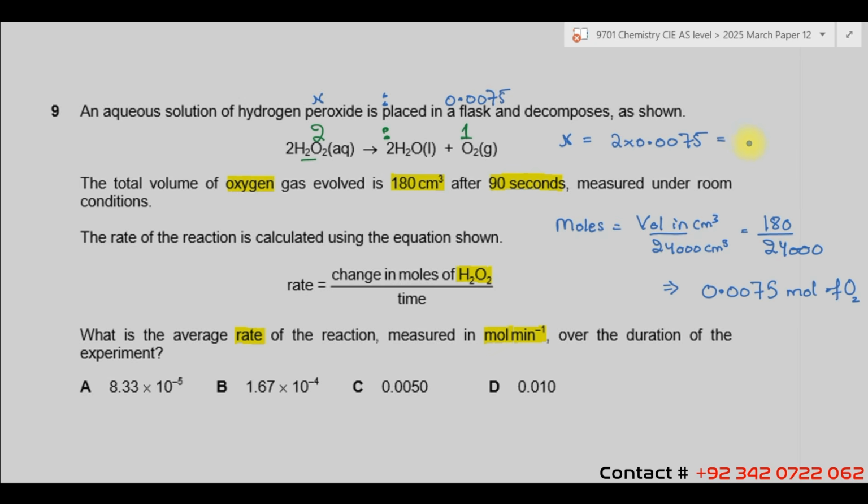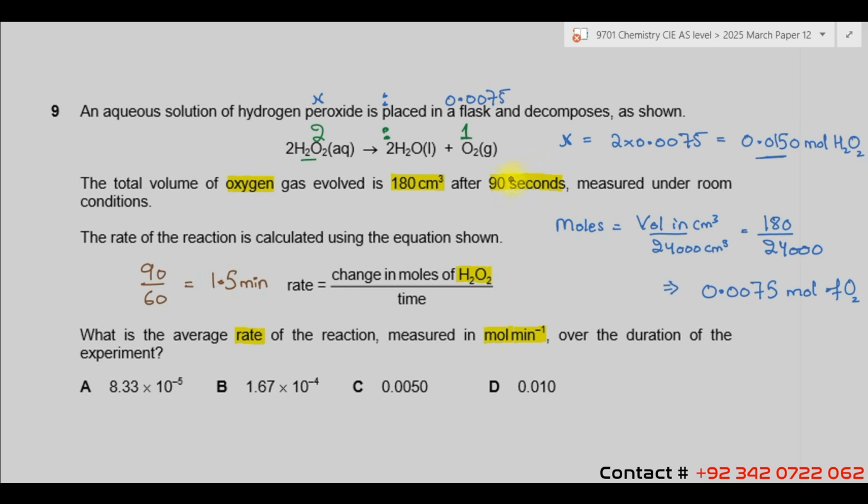So it is 0.0150 moles of H2O2. Now we have moles. We need to find out time in minutes. So we can convert seconds to minutes by dividing by 60. So it's 1.5 minutes.